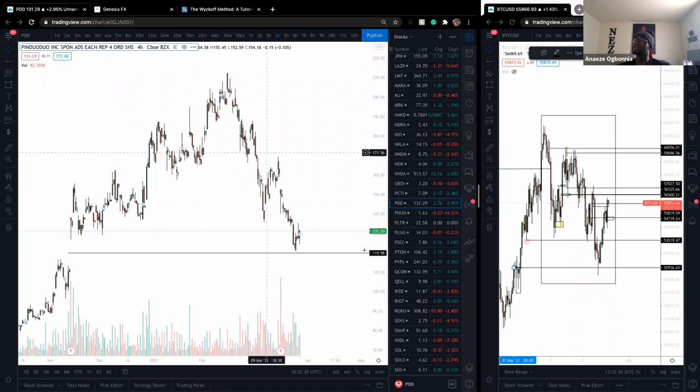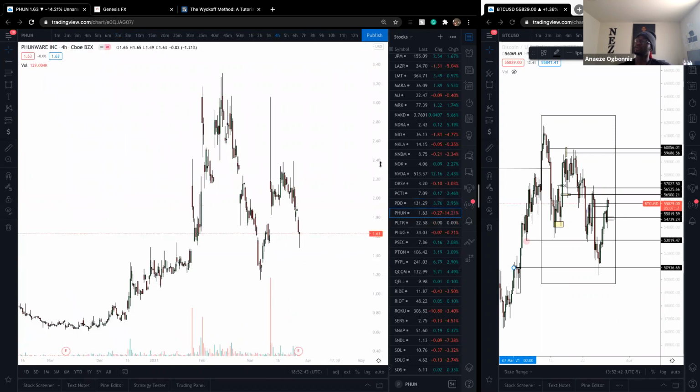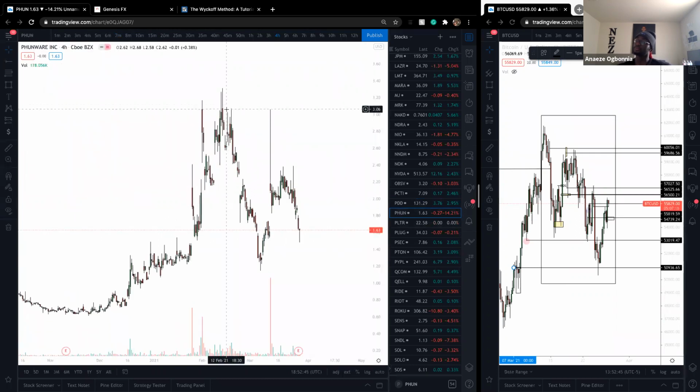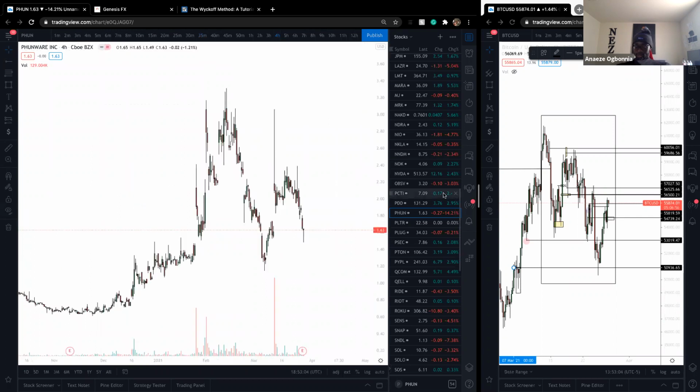I'll probably load up on shares here. Perfect liquidity at $3. Gotta find an entry somewhere down here. Which means we're bearish for the time being until we see something different. Yeah, I'm definitely bearish on this one.